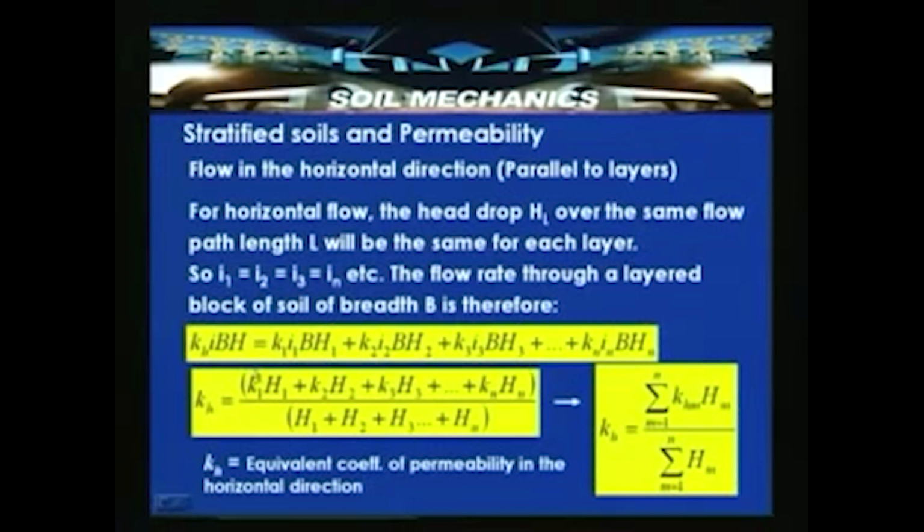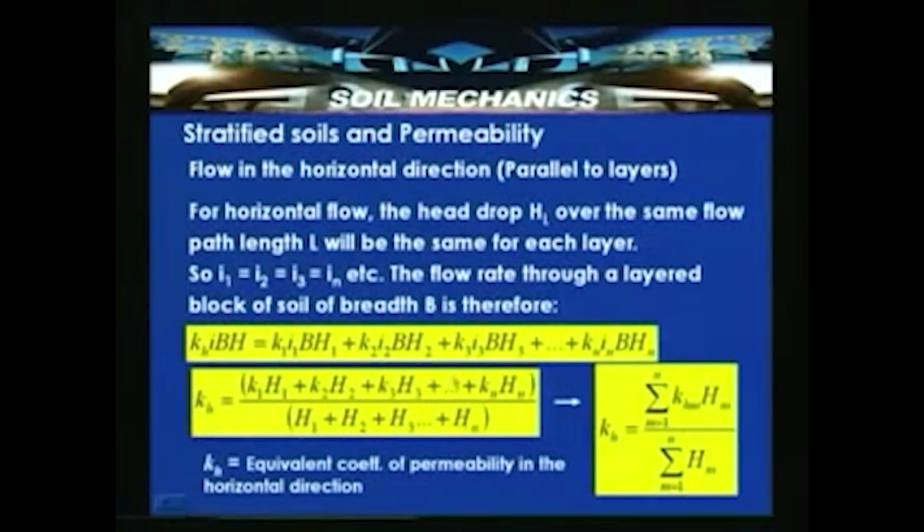In this case, using Darcy's law again, we can write the flow rate as KH, which is the equivalent coefficient of permeability of all the layers in the horizontal direction, times I, the hydraulic gradient, which in this case is HL by L, times B, the width perpendicular to the plane of the figure shown in this slide.